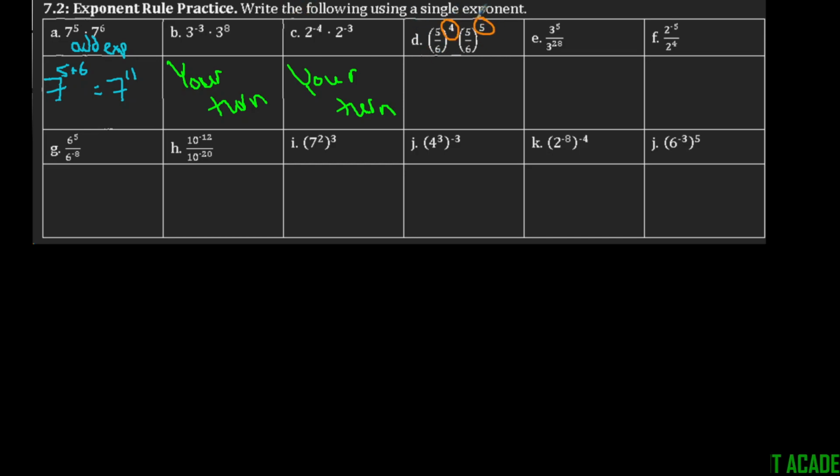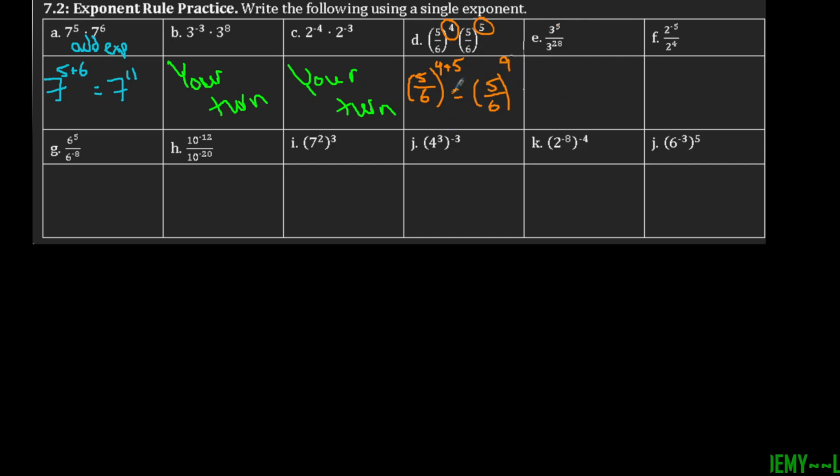So I'm going to add 4 plus 5. And so my result has the same base, again the base does not change, but the exponents I add together, so it's to the 9th power.